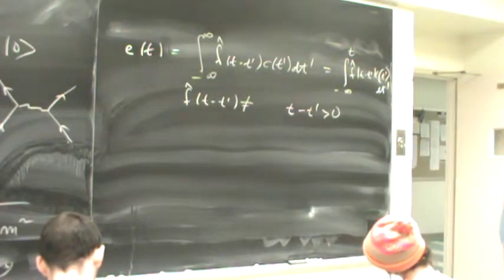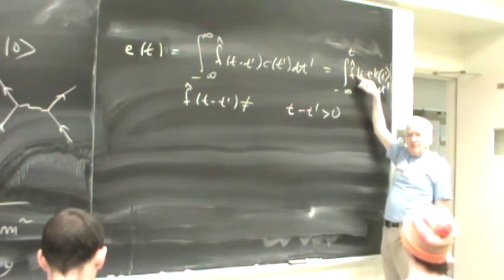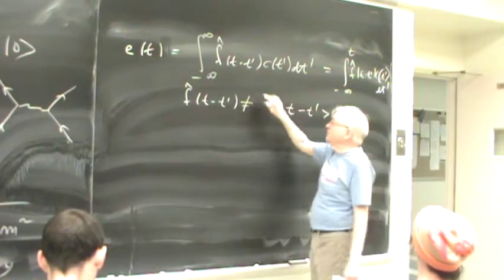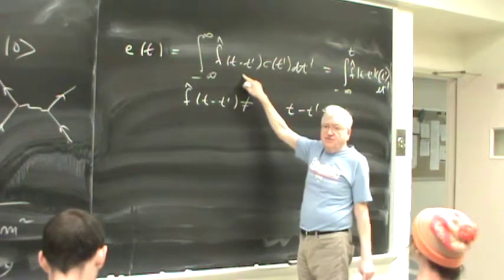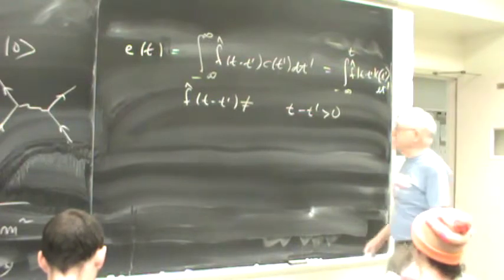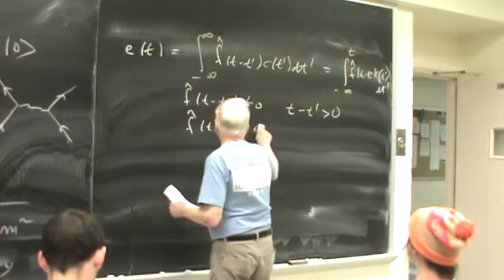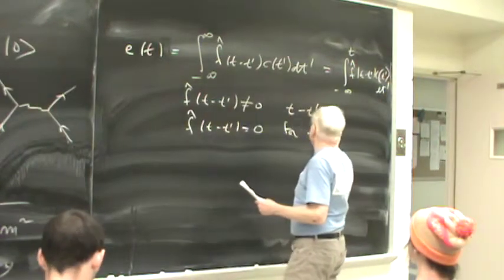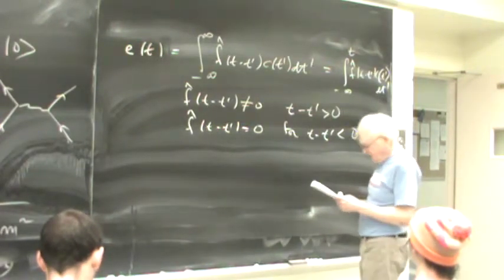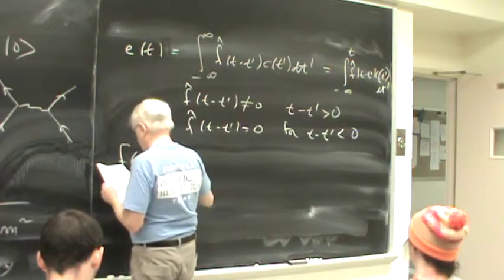So in other words, only the causes before the effect matter, and that's guaranteed because if we did the whole integral, f would vanish for negative arguments, basically. It's that f hat of t minus t prime is 0 for t minus t prime less than 0, so for negative times.